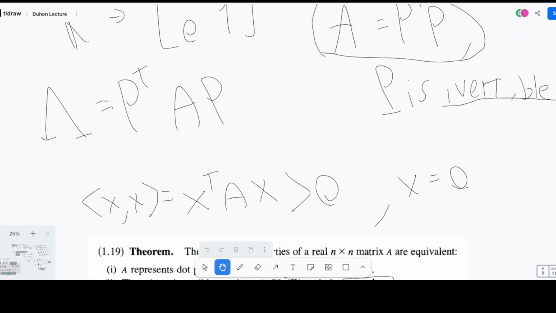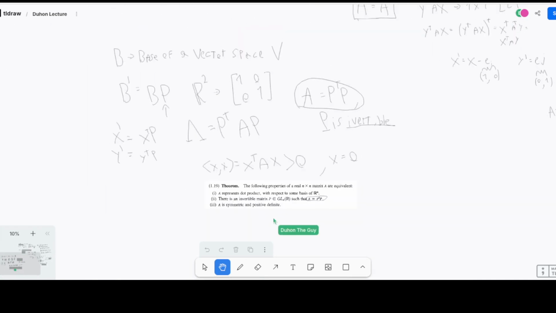It's a corollary to the latest theorem that was proved, actually to proposition 1.9, I believe. So one clearly is equivalent to 2.